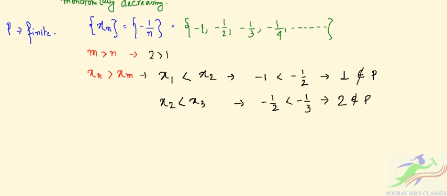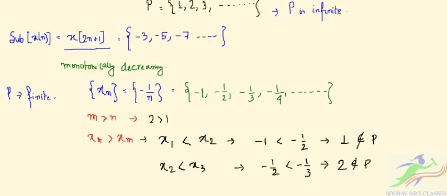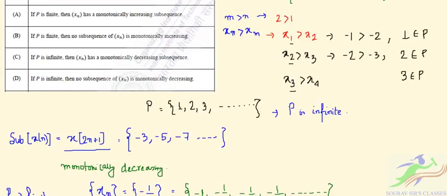In this way, P will be nothing, an empty set, the null set phi. So now let's take the question: if P is finite, what will its subsequence be? Option A says that x_n has a monotonically increasing subsequence, and if P is finite, then no subsequence of x_n is monotonically increasing.